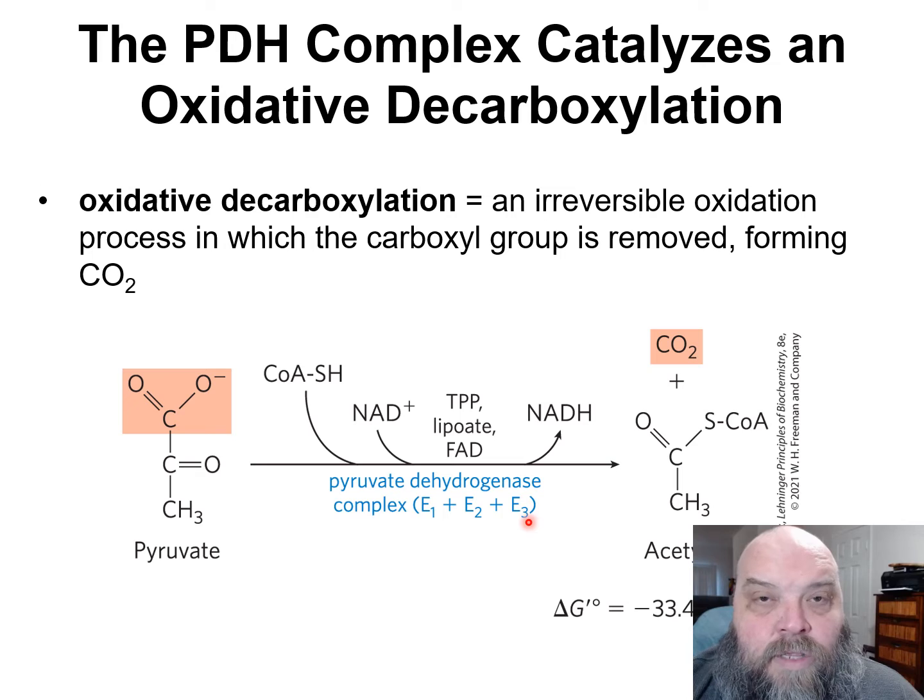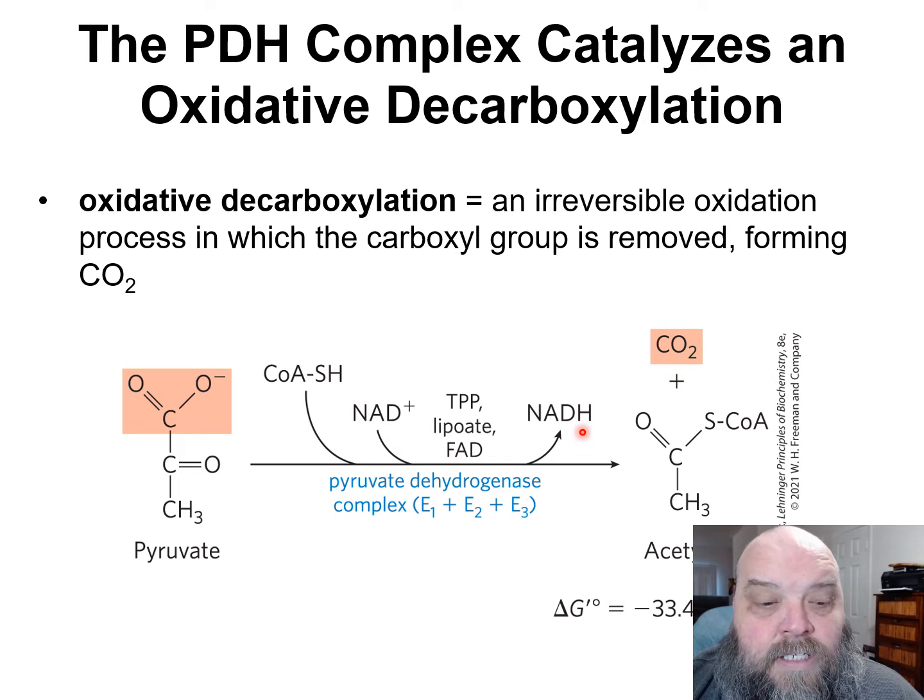The E1, E2, E3 is just showing the enzymes involved in the pyruvate dehydrogenase complex. Here are some accessories that are needed to be there: TPP, lipoate, and FAD. NAD is going to be reduced to NADH. And in the process, the first carbon will be cleaved and released.